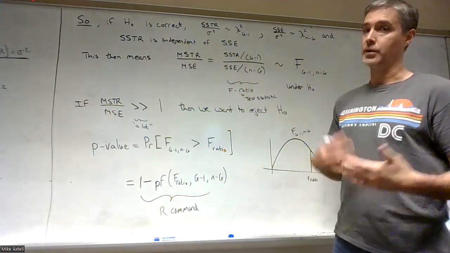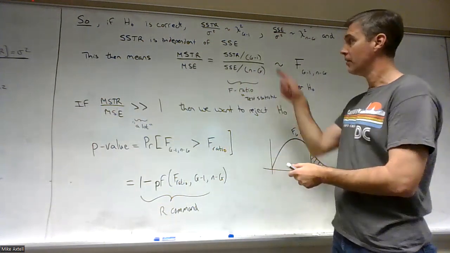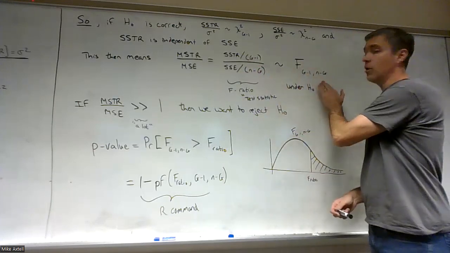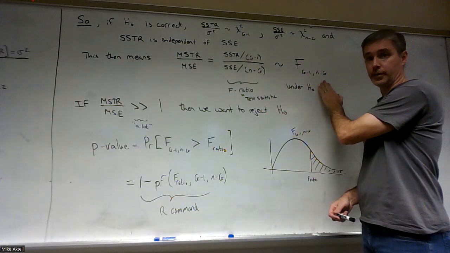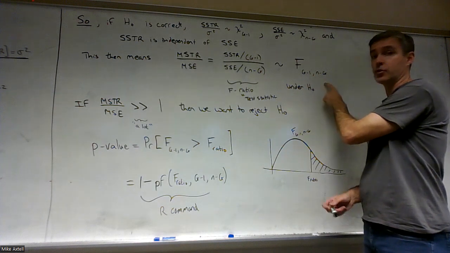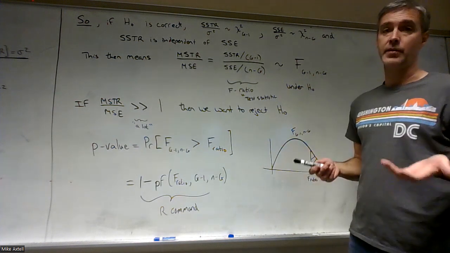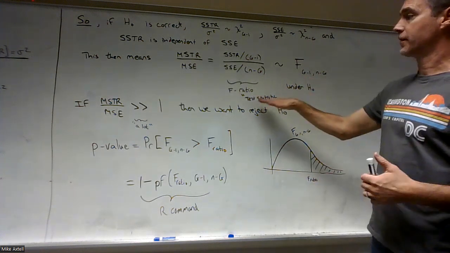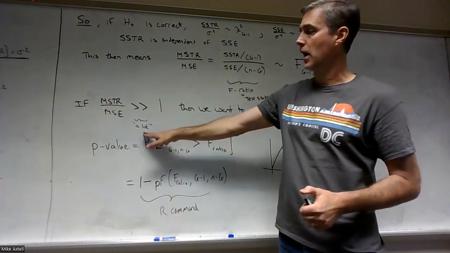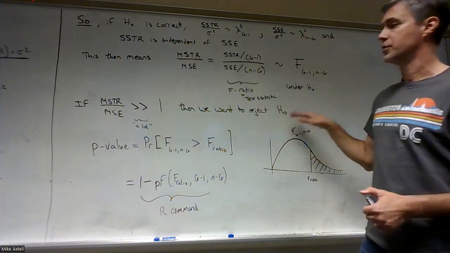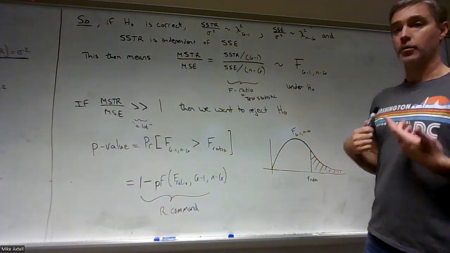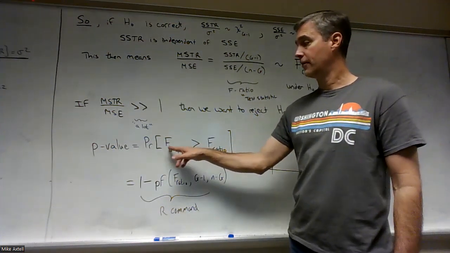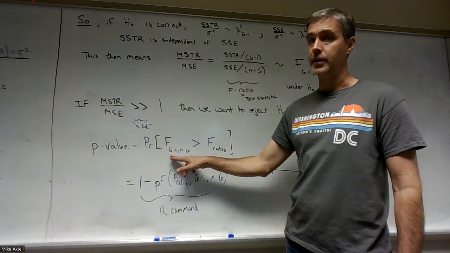So when we have data and we want to see if the means of these different groups are the same, this is what we wish to calculate. If we can calculate it, we know under the null hypothesis how it ought to be distributed. And if it varies from this distribution by too much, well, then we reject the null hypothesis. Something has gone wrong. Okay. So if this F ratio, our test statistic, is a lot larger than 1, then we want to reject H naught. So the way we calculate our p-value is I take my F ratio and look at the F distribution where under H naught it comes from.